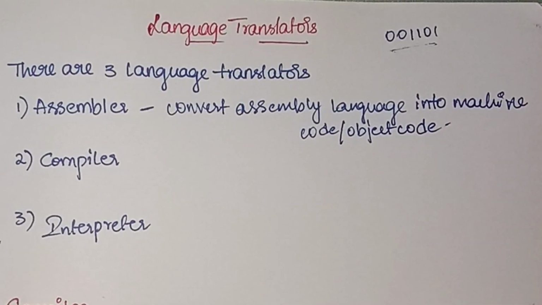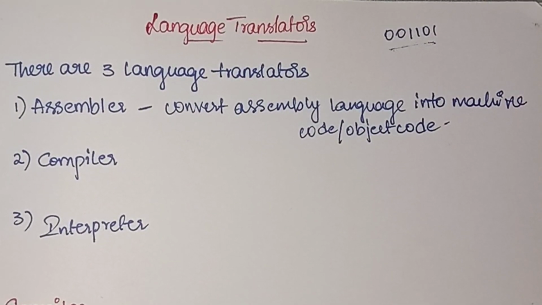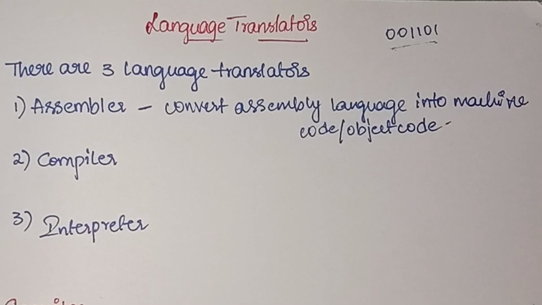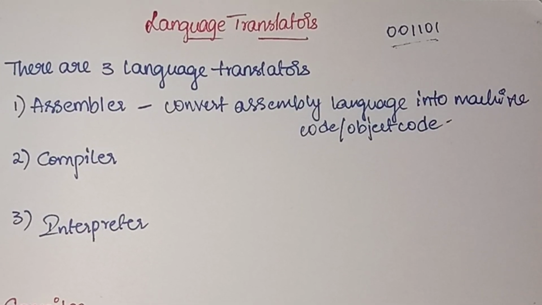And the next one is the compiler. What does this compiler do? Compiler and interpreter have the same function. What both do is they convert the high level language. High level language means the language in which we are writing our codes, which is understandable by humans.